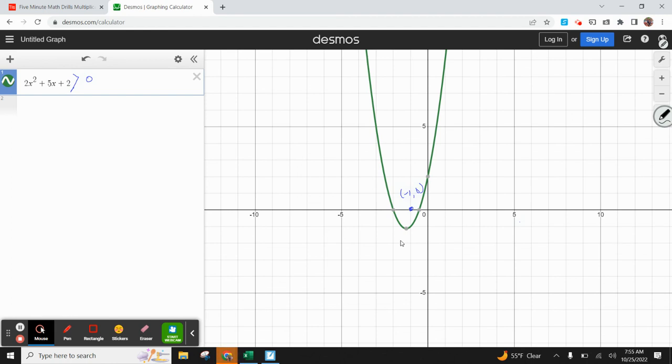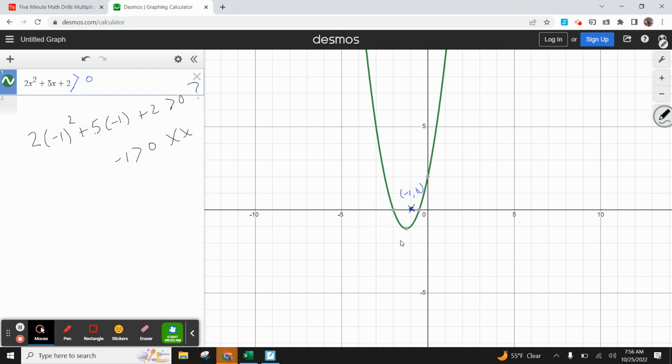So if we go 2 times negative 1 squared plus 5 times negative 1 plus 2, is this greater than 0? Silly, 2 times negative 1 squared plus 5 times negative 1 plus 2. I got negative 1, which is greater than 0, which is a big no, right?